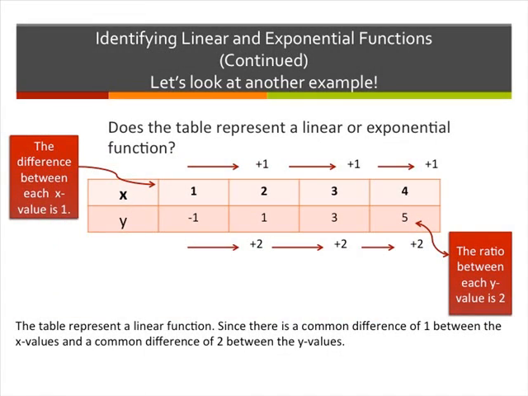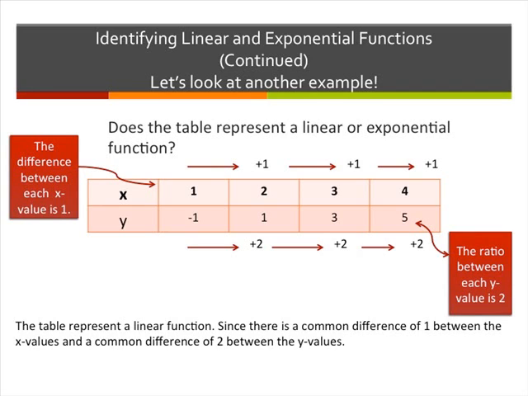Let's look at another example. Does the table represent a linear or exponential function? As we saw before on a previous slide, x here is also increasing by 1. The difference between each x value is therefore 1. Now let's look at the y value.